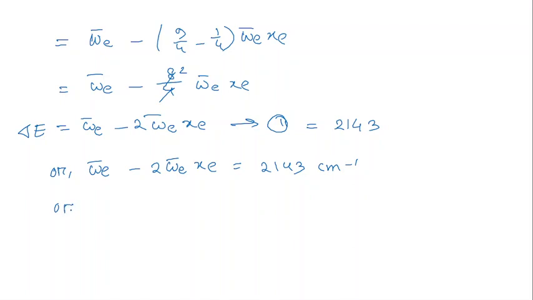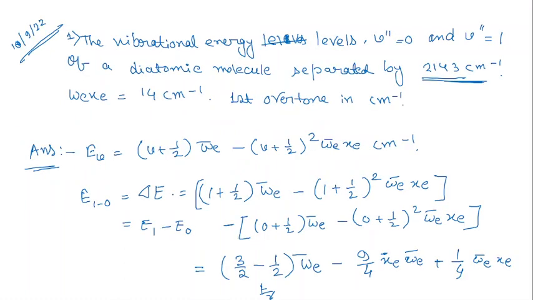Always write the unit. Now here they told to calculate the first overtone, and the second question is to calculate the value of omega e first. To calculate the first overtone we need to know omega e, but just for simplicity I am giving these two questions.